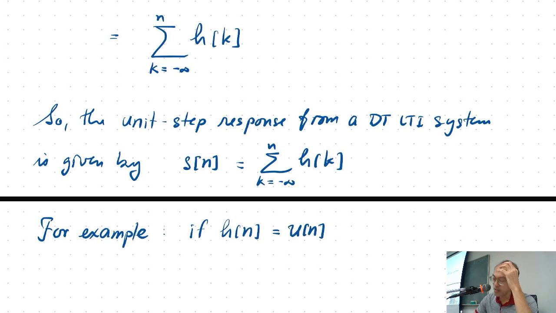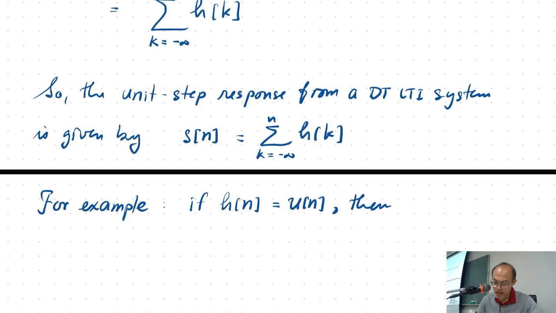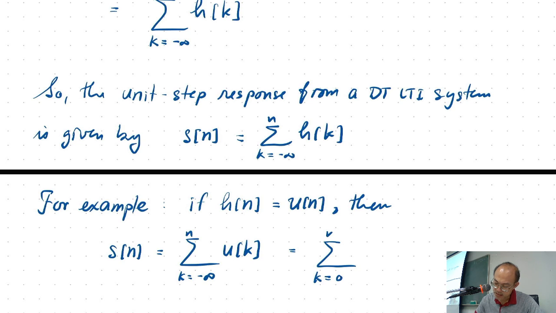If the impulse response is u of n, then if we apply the unit step signal into this system, we're going to have the unit step response, zero state, equal to the summation going from minus infinity to n of u of k. But u of k starts from k equal to 0, so this is the summation going from 0 to n of 1, and we have n plus 1 times u of n, which is consistent with what we found in the previous example.